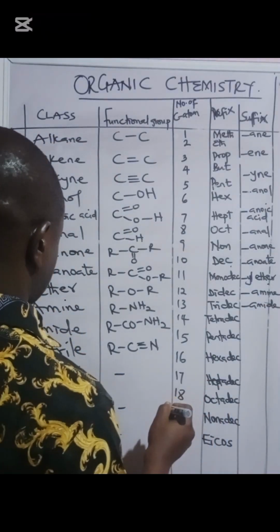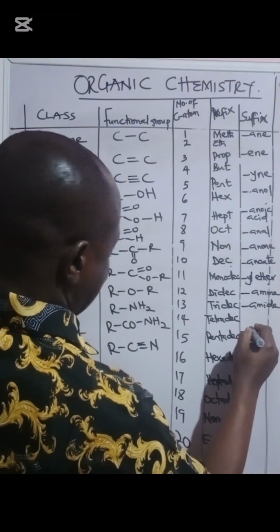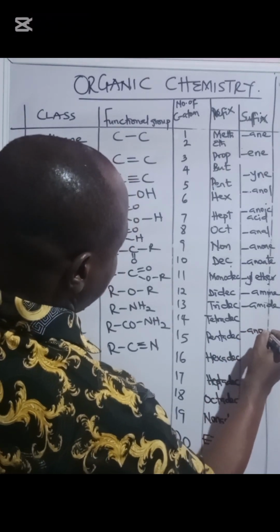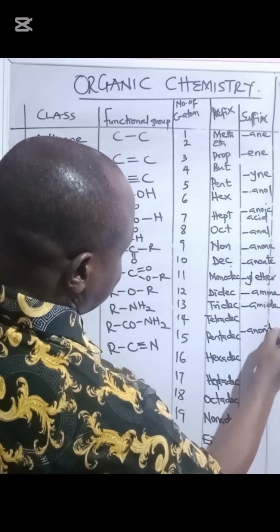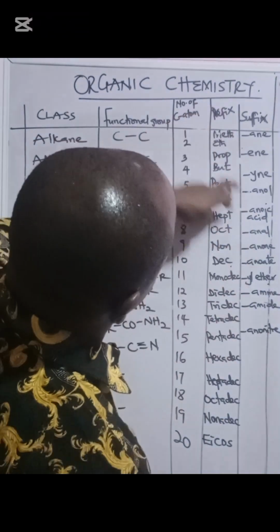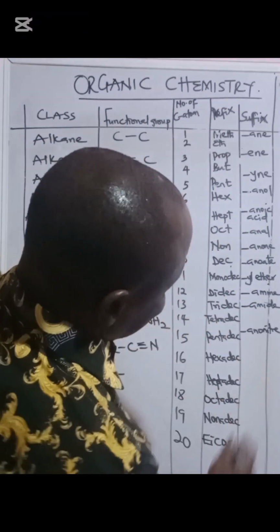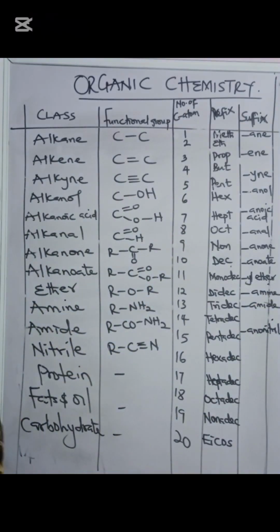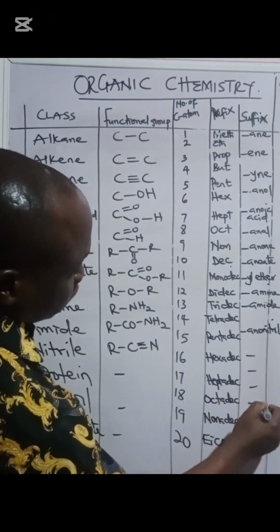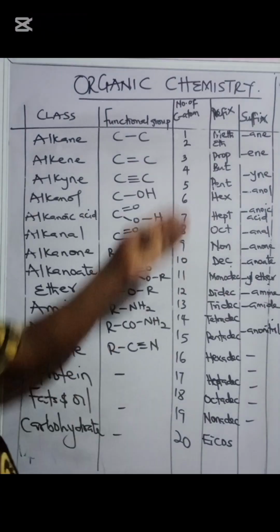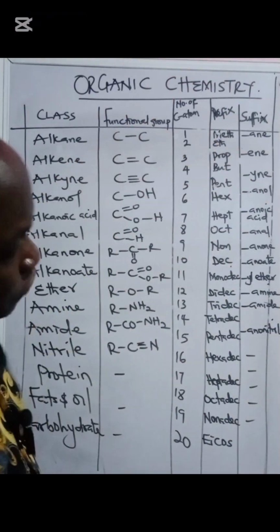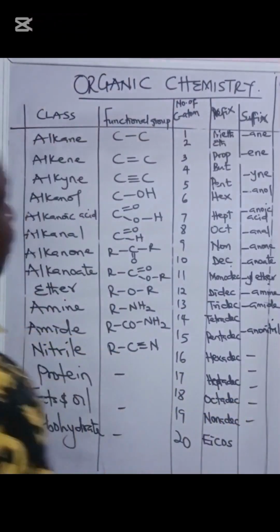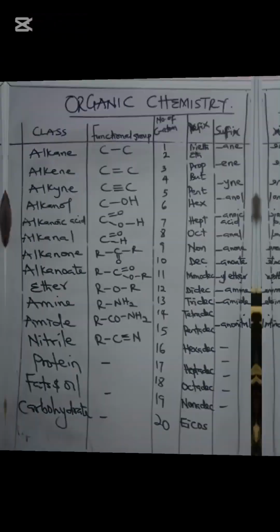This one will end with nitrile. So it can be ethanenitrile, and so on and so forth, like that. So this will be the prefix, this will be the suffix. As you are naming it, you will understand it better. So this is the table.